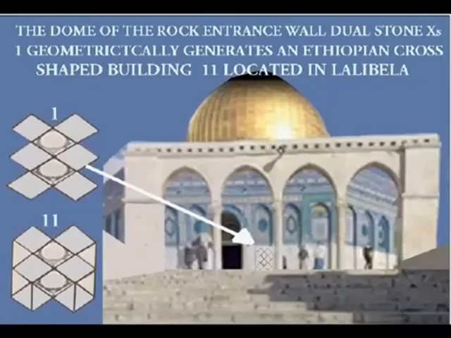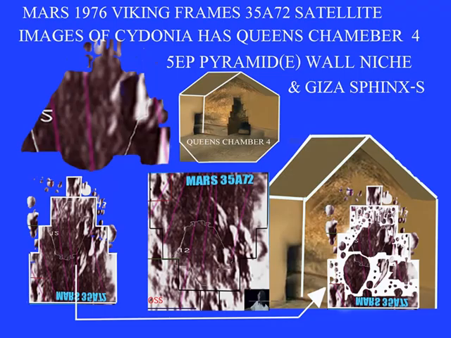So what part of African Adam being created on Mars does the Dome of the Rock portray? Well, for that, we have to go back to the 1976 Viking train 35A72 of Mars Sidonian land surface.